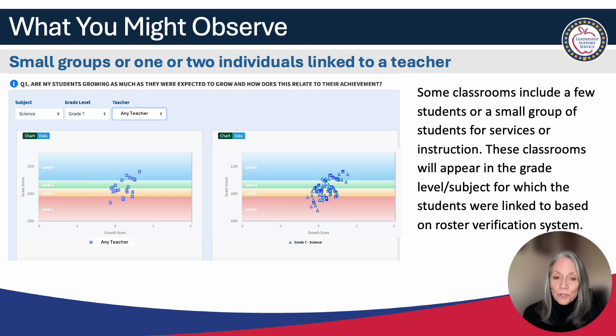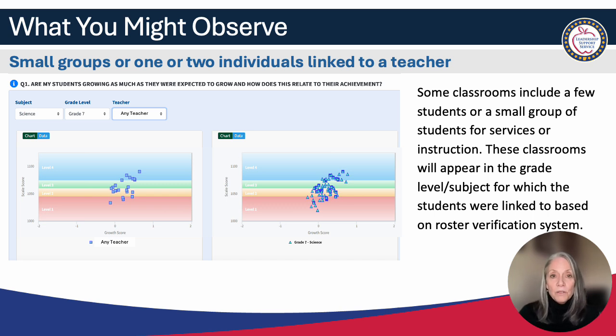That's because during roster verification, students could be verified to a primary teacher, a secondary teacher, or a contributing professional. And for some teachers, they have students linked to them under multiple rows. So they may show up more than once in the teacher menu for a subject and a grade level.